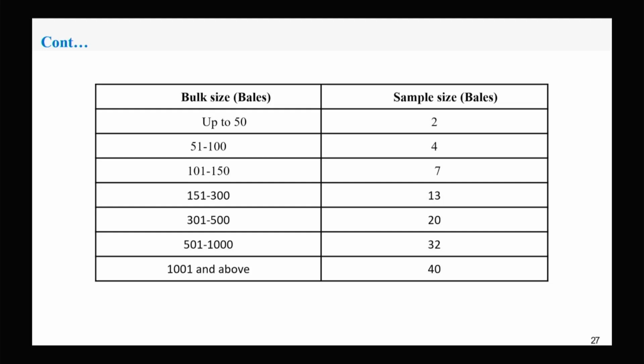Typically the industry follows this guideline. So how many bales have to be opened? If we have up to 50 bales, we will take the specimen from 2 randomly selected bales. Then 51 to 100, 4 bales, like that, and above 1000, 40 bales. 40 bales have to be opened, and then we will take the sample, so that there is total randomness.